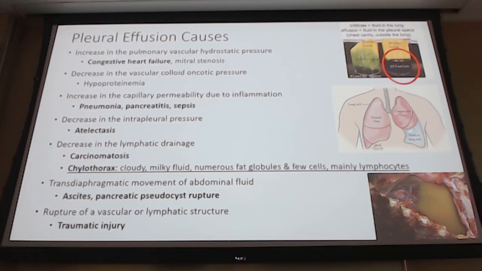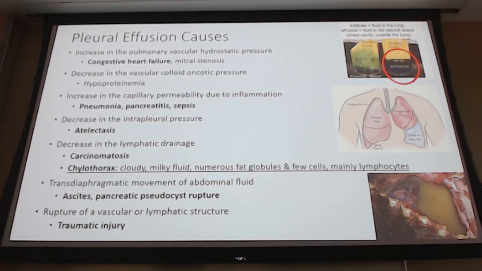Okay, so what do you need to know about this? I'm not going to make you know what vascular colloid oncotic pressure is. That's calm. But if I were to ask you, what physiological stuff would cause this, let me say this again.